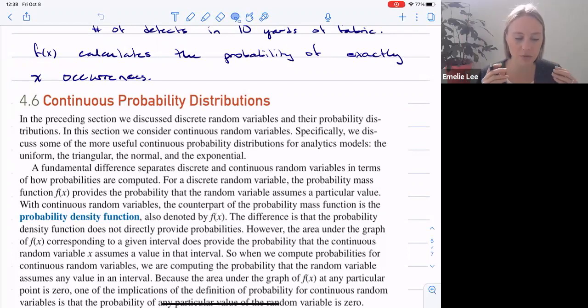Instead of getting into nitty-gritty details, what I do want to highlight is that if we're finding probabilities using continuous distributions, we're going to use software to find those. That's not something that I'm expecting you to do by hand at all. We just need to have a quick introduction to what these look like, when we might use them, and so on.